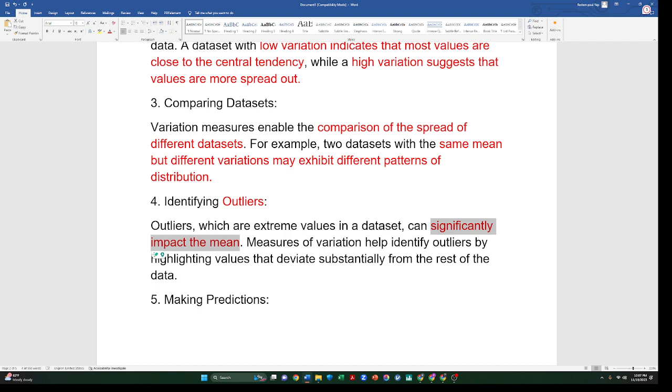Then measures of variation help identify outliers by highlighting values that deviate substantially from the rest of the data.